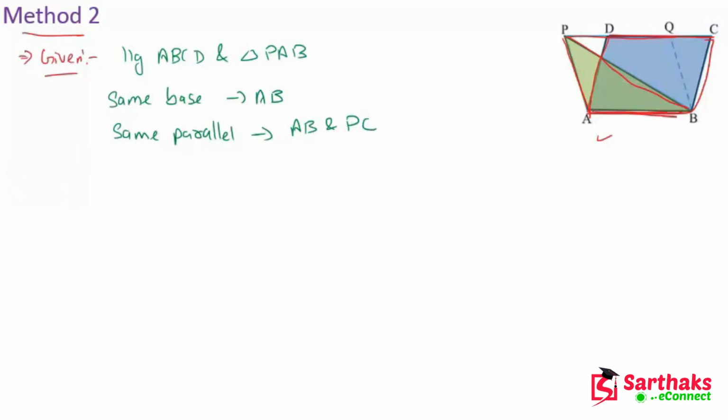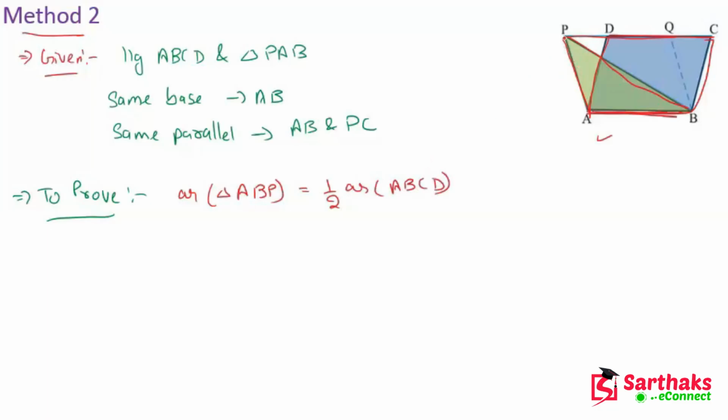Now we have to prove that the area of triangle ABP is equal to half of the area of parallelogram ABCD.